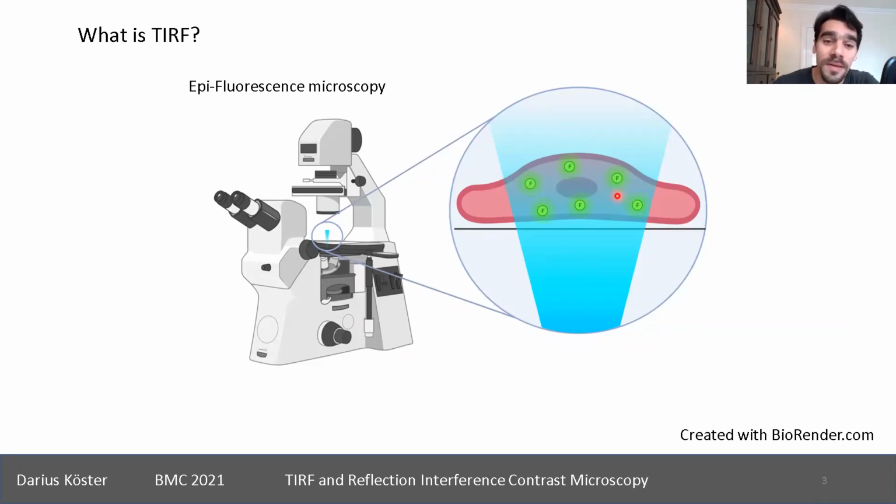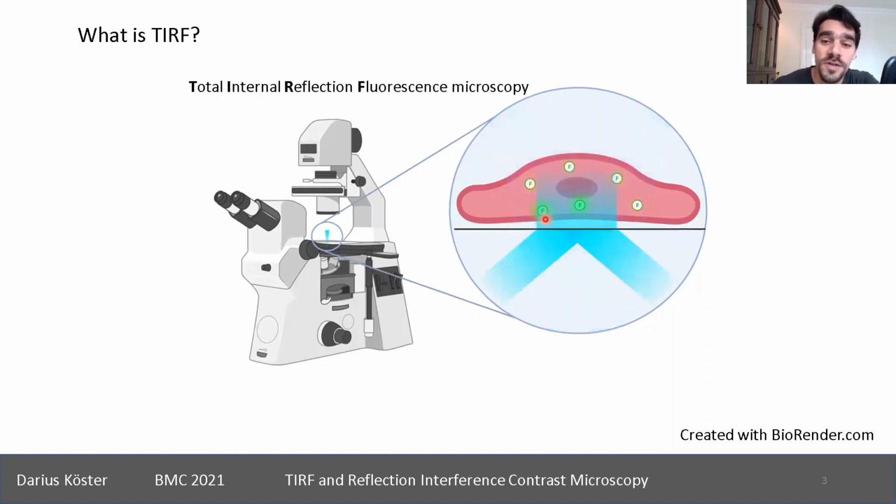But again, if you want to look particularly at surface-related molecules, let's say a molecule at the membrane of the cell that might also be expressed in other parts of the cell, and we only want to see the membrane part, then we want a technique that only excites fluorophores at the surface of the cell. TIRF microscopy is such a technique, with its power in being very selective for the bottom, for surface-related proteins.